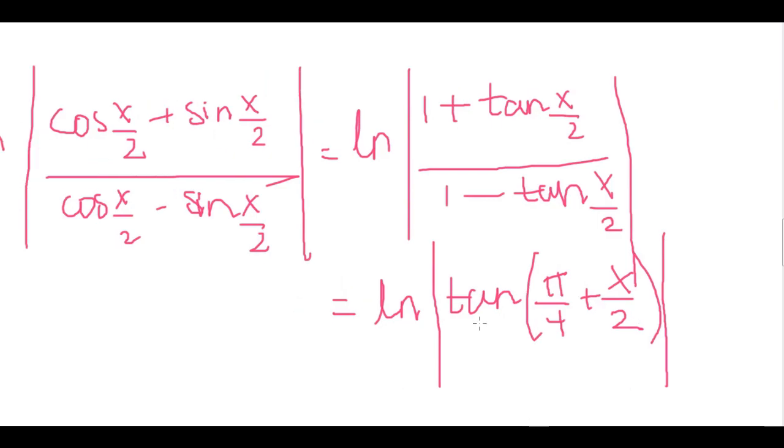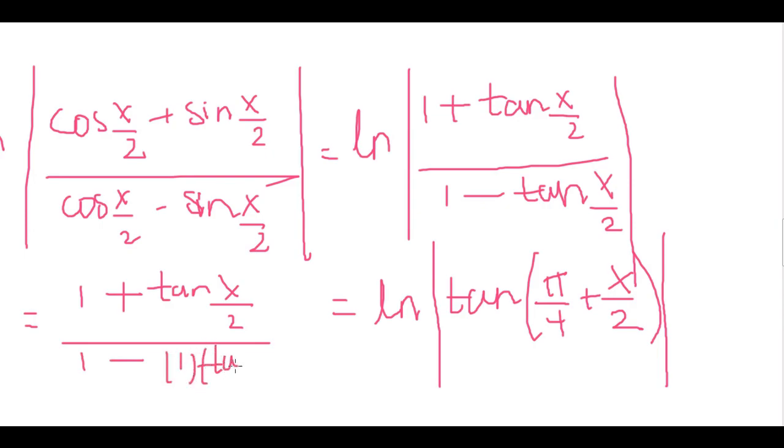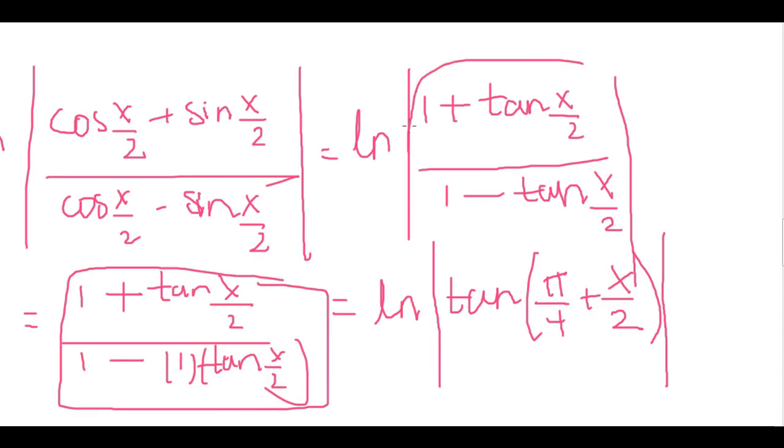Because if I expand this, you get tan A plus tan B, where tan pi by 4 is 1, so 1 plus tan x by 2, divided by 1 minus tan A tan B, so it's 1 minus tan pi by 4, which is 1, multiplied by tan x by 2. So we have the same expression in here.